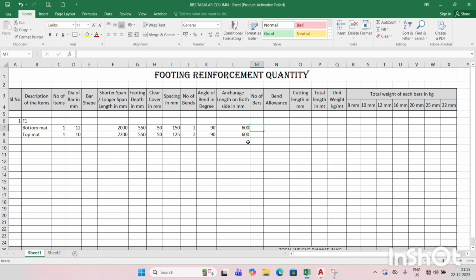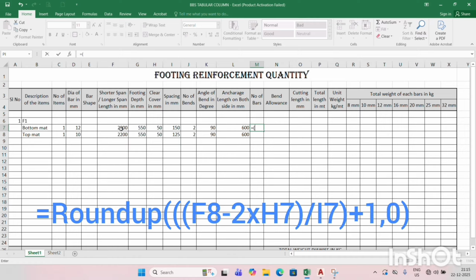Then what is the number of bars? Number of bars is equal to length divided by spacing plus 1. Put a bracket, this is the length. While calculating the number of bars, this is the actual length of the footing.